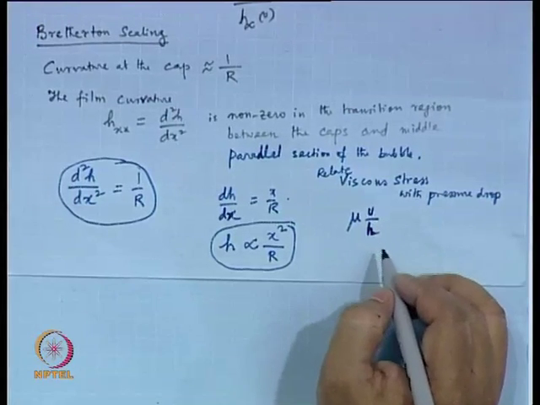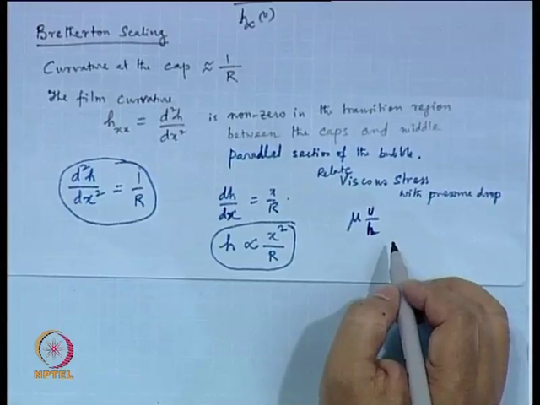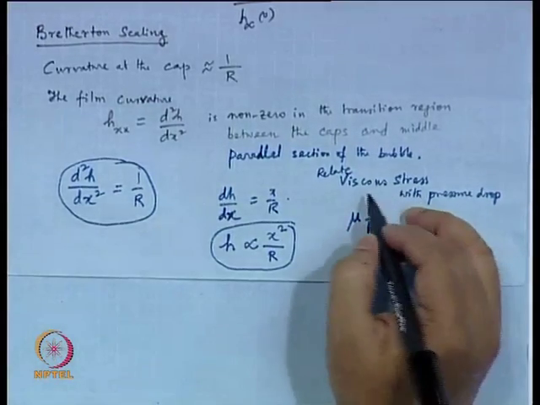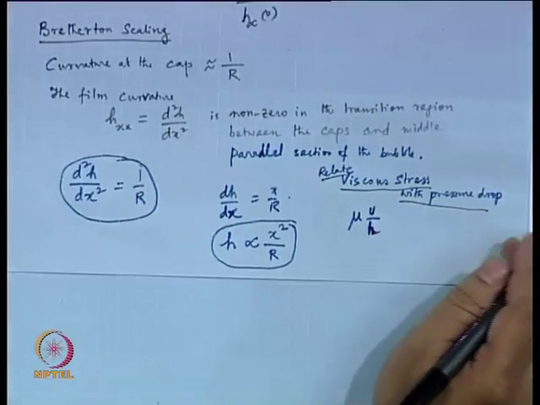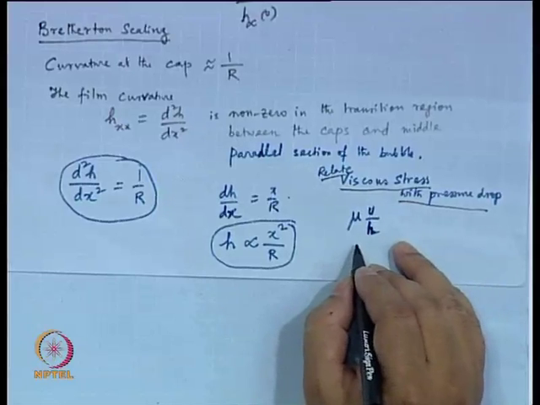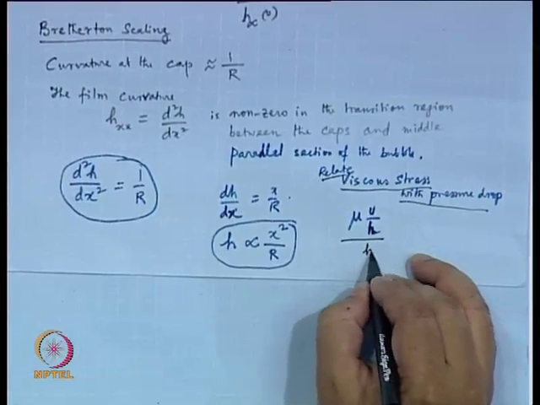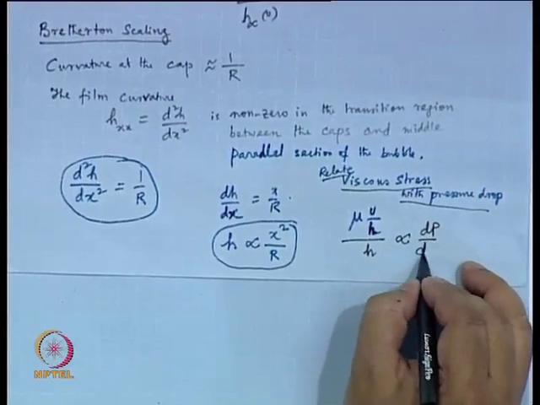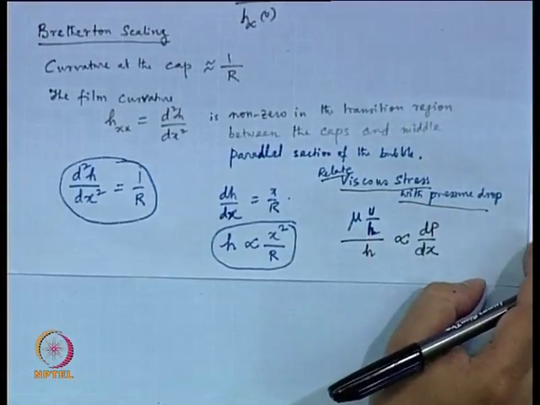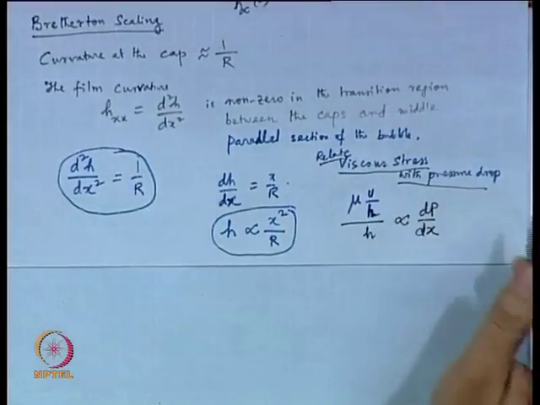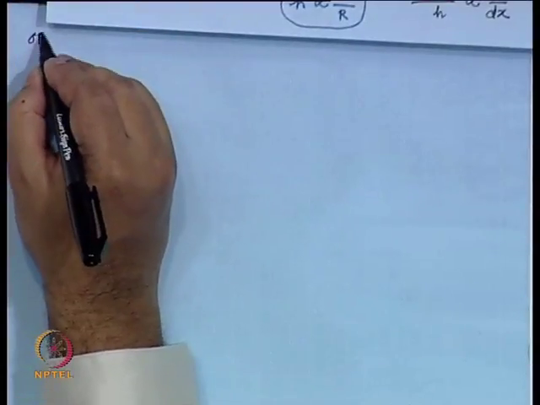So, it is mu u by h. Now, when you relate viscous stress with pressure drop, you would be writing mu u divided by h, that divided by h is proportional to dp/dx. And you know that this delta p is equal to 2 sigma by r.